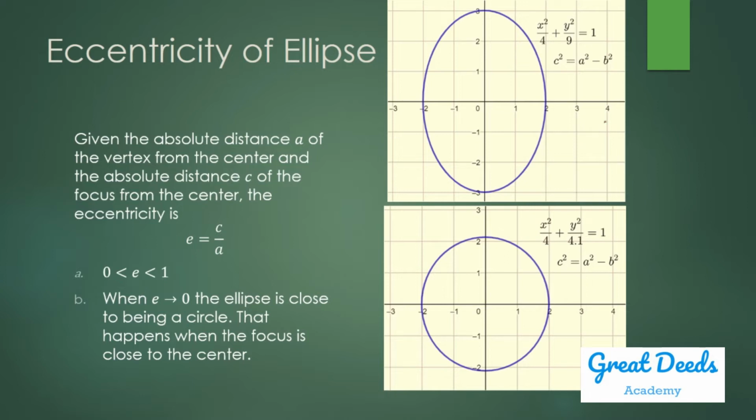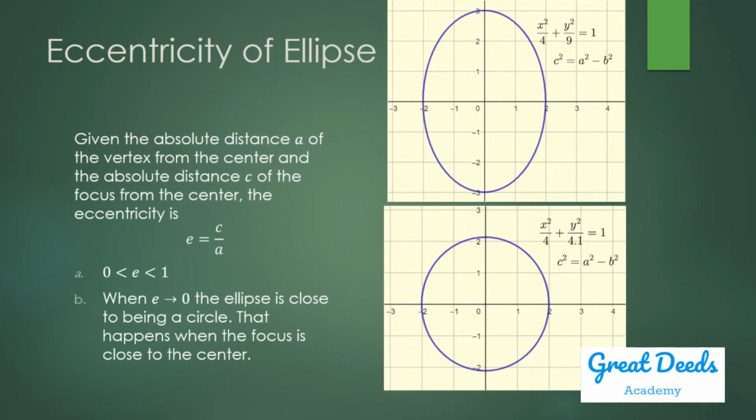And so when C squared approaches 0, this means A squared minus B squared is approaching 0, which means A is almost equal to B. And so this also means that the major axis is almost equal to the length of your minor axis, in which case what you will produce is a set of points that is close to the circle.